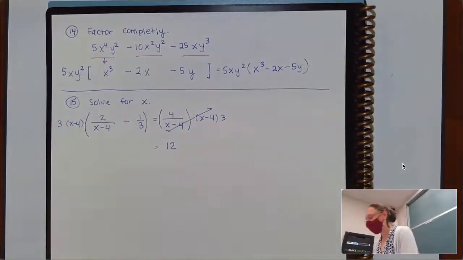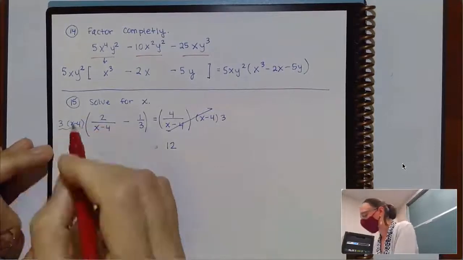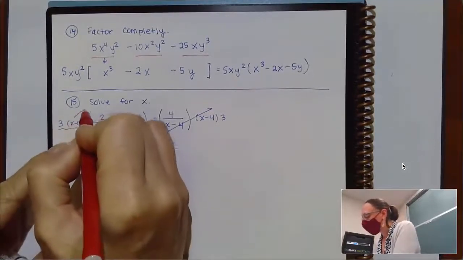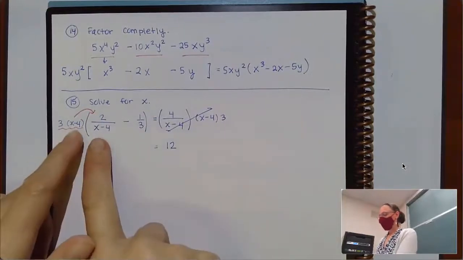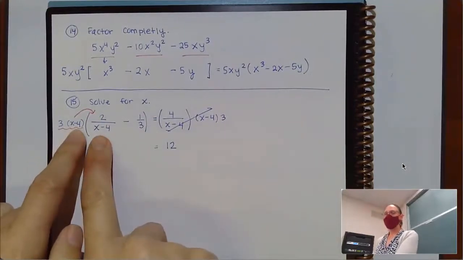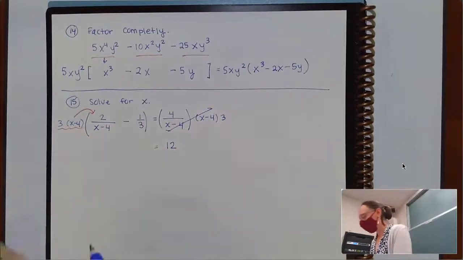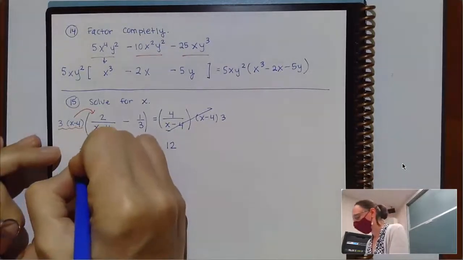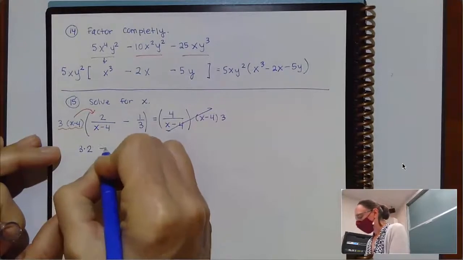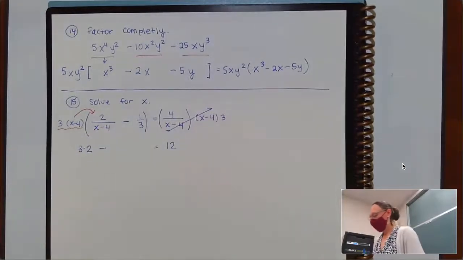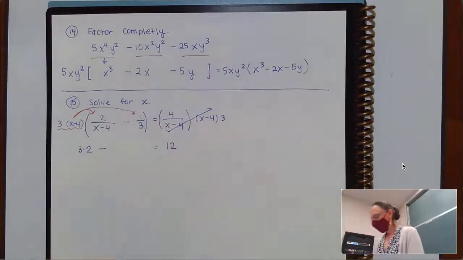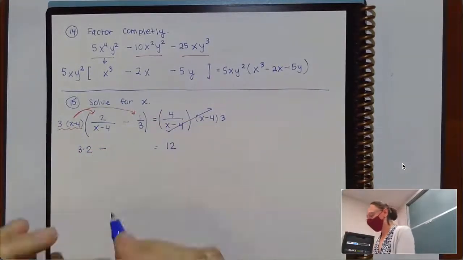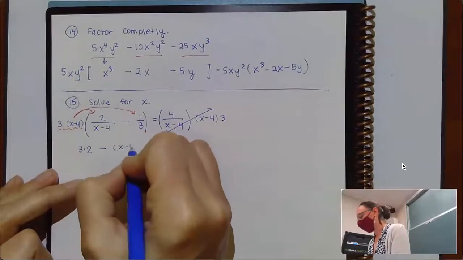On the left-hand side, when I distribute it in, I just want to be careful. So when I distribute this into the first piece, the X minus 4 and X minus 4 will cancel out, leaving me with 3 times 2. When I distribute to the second piece, the 3's will cancel out, leaving me with an X minus 4 on the top.